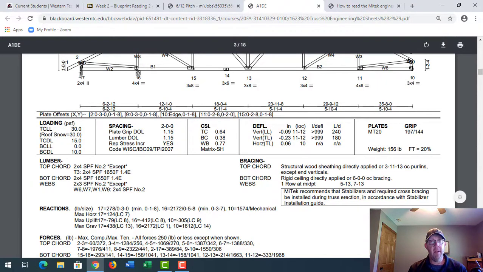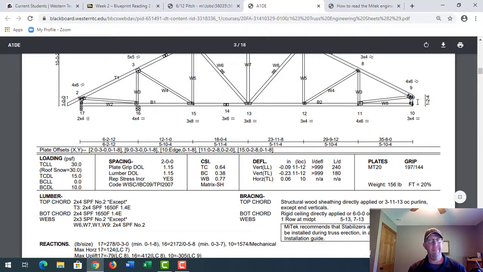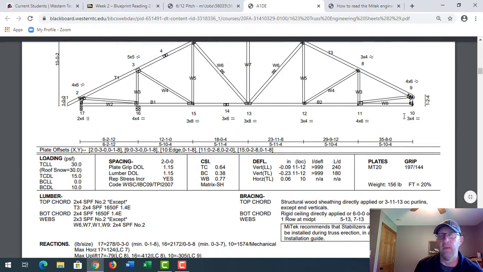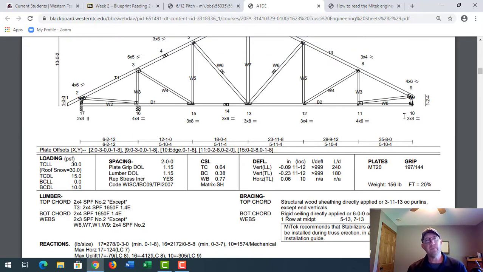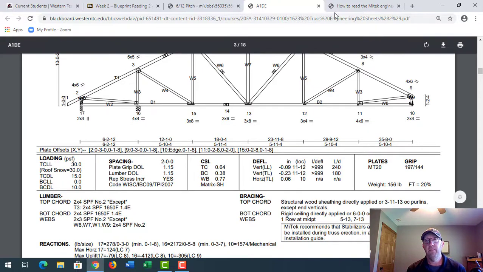So there's a bearing point here, there's a bearing point here, there's also a bearing point here, and then what it's telling you is there's a mechanical fastener at this particular end right here, which is in the form of a hanger. So I know that this truss is going to be hanging off of something, and 9 times out of 10, it's going to be a girder. So there's 3 different bearing points on this truss.